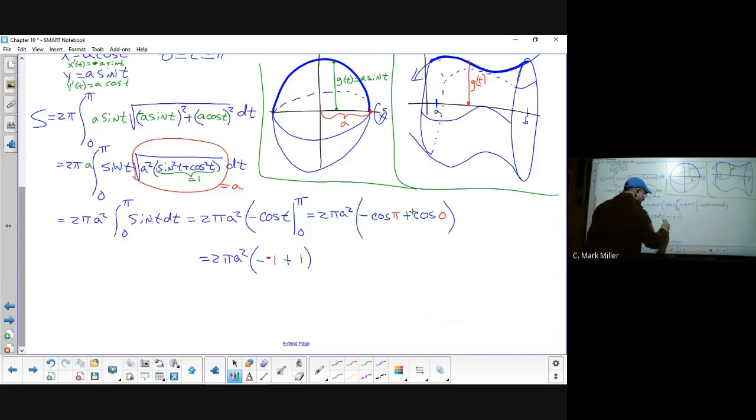That equals 2, and that equals then 4 pi a squared. We've derived that about 4 different ways now, right? The surface area of a sphere of radius a, surface area, not volume, is 4 times the area of a circle of radius a.